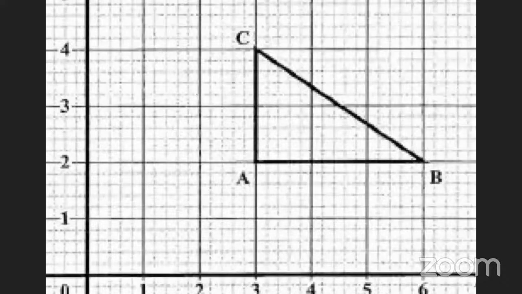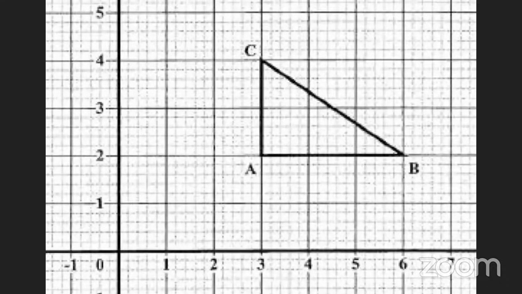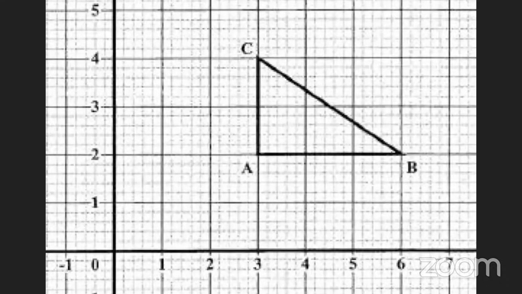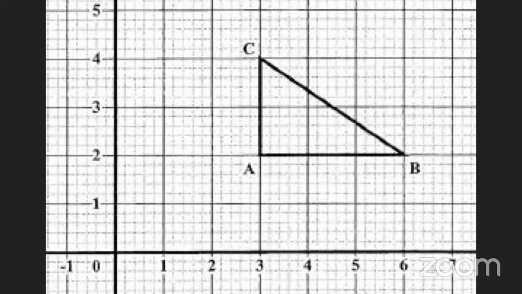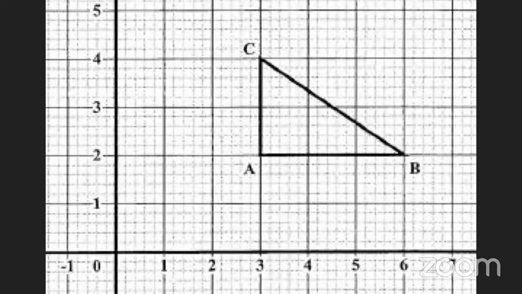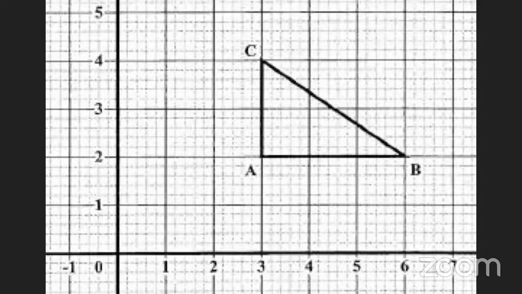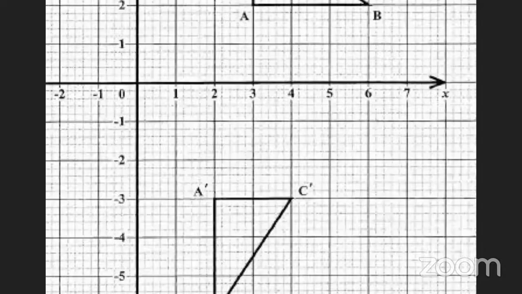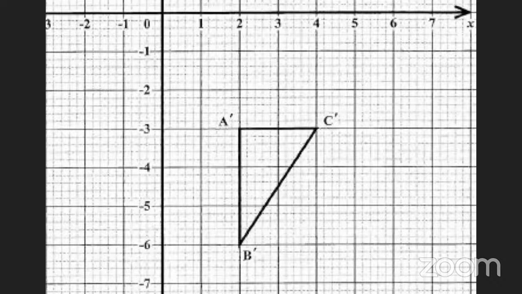In case you're not seeing the first triangle, those are the points of the first triangle, ABC. And then these are the points of the second triangle, A prime, B prime, C prime.